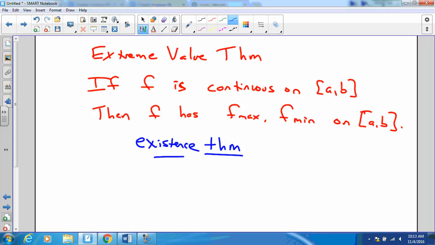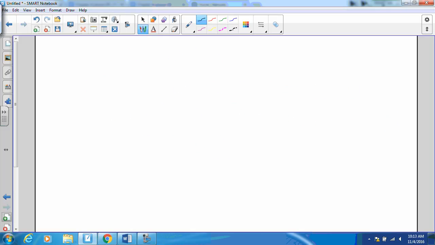Surely we can do better than that. We would like some theorems that would help us find our maxes and mins, and as it turns out, we have means within our grasp. This is going to be our first absolute max and min finder. We're going to call this the critical point endpoint theorem.